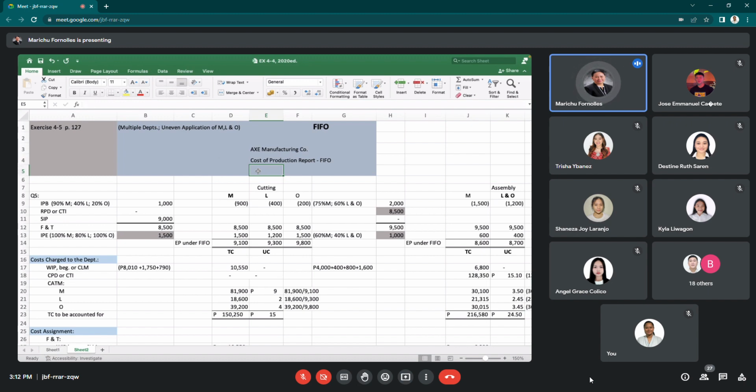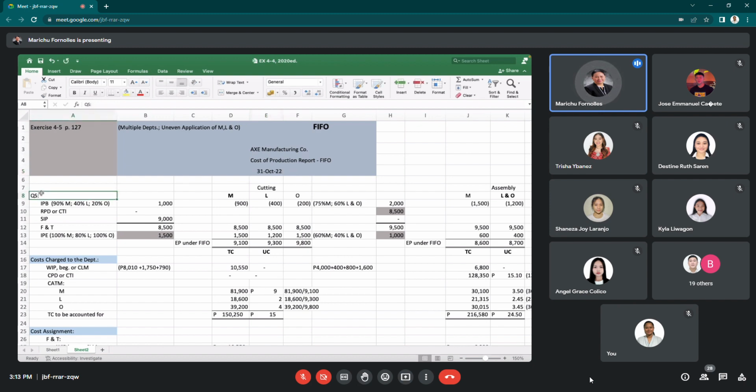The year is not specified in this exercise. So we'll just assume the use of 2022. So October 31, 2022, which is the date for the journal entries to be made.